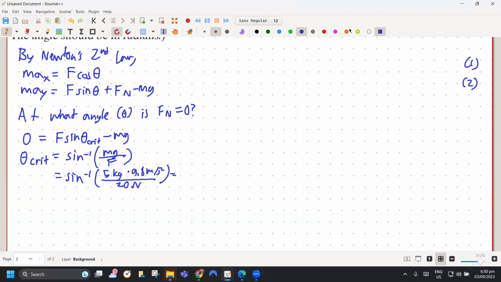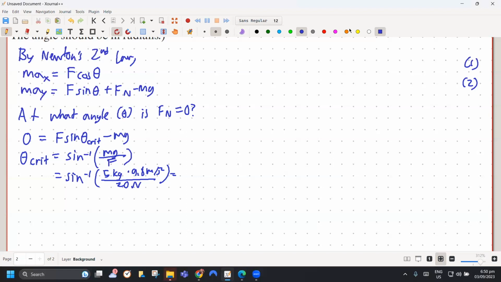Di ba pag ganito, nag-error yan, di ba? Tama? Greater kasi ng more than 1. Kaya nag-error. So ibig sabihin, kahit anong angle yan, hindi pwedeng tumalon yung box.